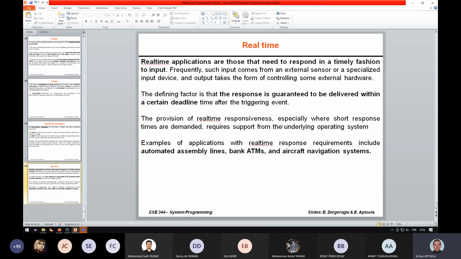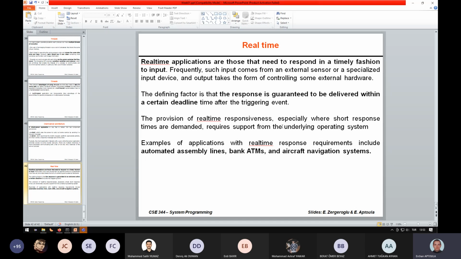We won't really talk about real-time applications, but it will always be a consideration during our lectures. By real-time, basically we mean that the response of one process to a request, to an event, to a signal or whatever, is guaranteed to be delivered within a certain deadline. That's what we mean by real-time.